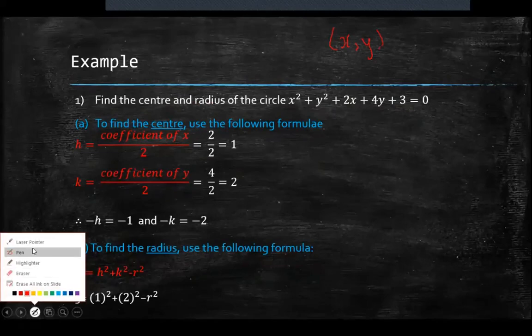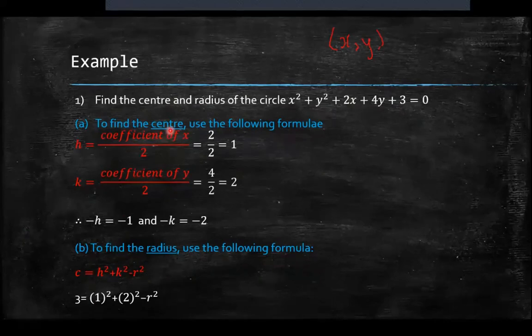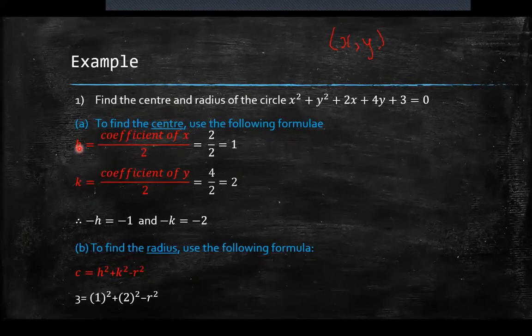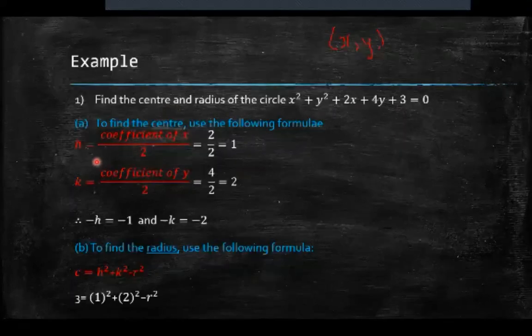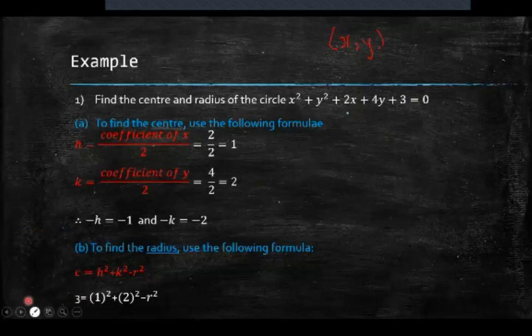And what we did last class, I told you to find the center. There are two ways to find the center, right? So you could use these formulae. h is equal to the coefficient of x divided by 2. So the coefficient of x, whatever number comes before x. In this case, it's 2. So the 2 right here.